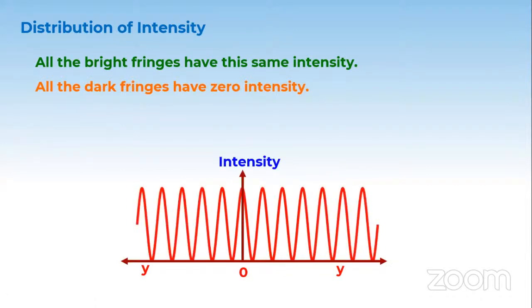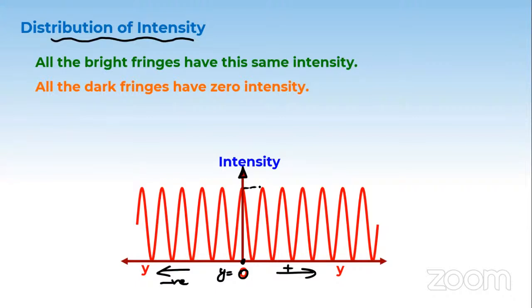You just focus here. If we talk about the distribution of intensity, the intensity is zero at y equals zero here. As we progress towards the positive y axis and the negative y axis, in both directions, the graph of the intensity will be this.